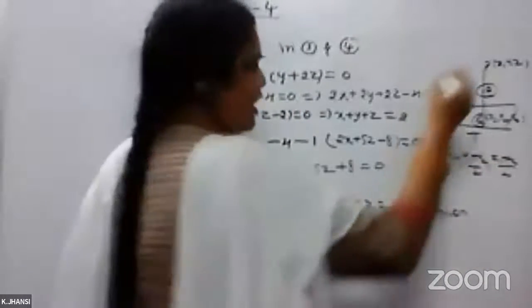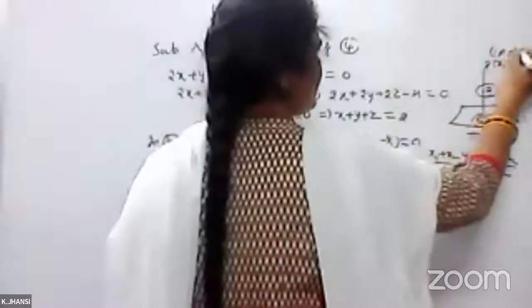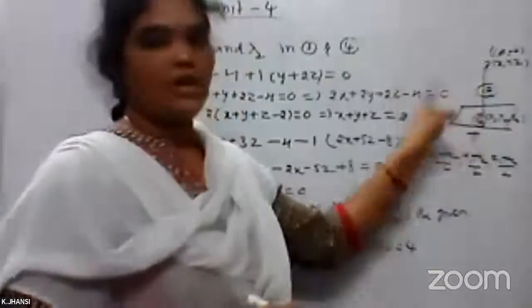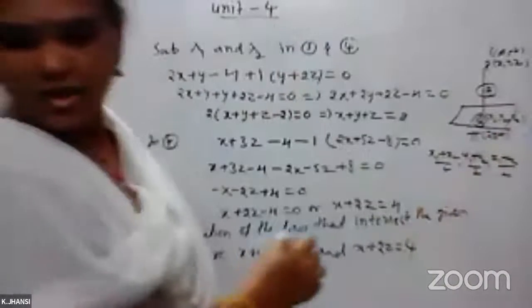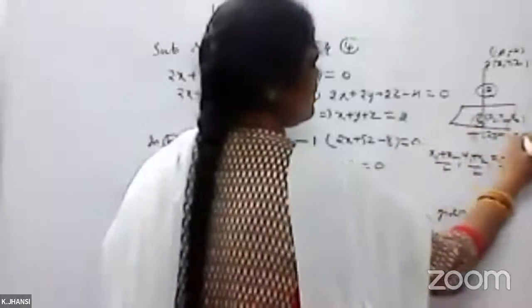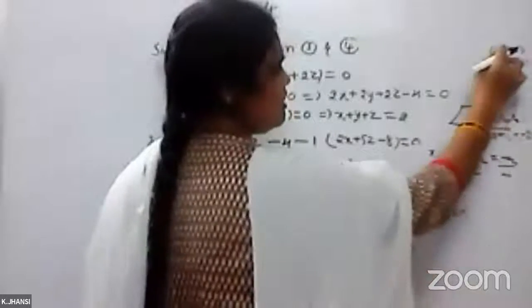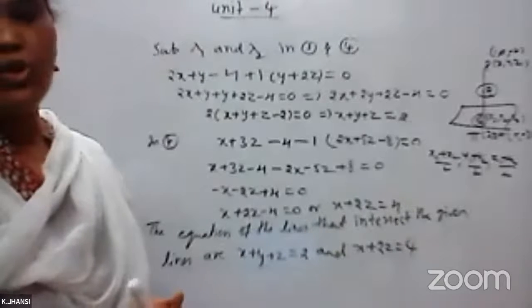Here P is the point 1 comma 0 comma minus 2, and when we equate this line equation to R, we got one more point, that is 2R plus 1 comma R comma minus 3R minus 2. So this 2R plus 1 divided by 2, if you do, then you will get the value of R.